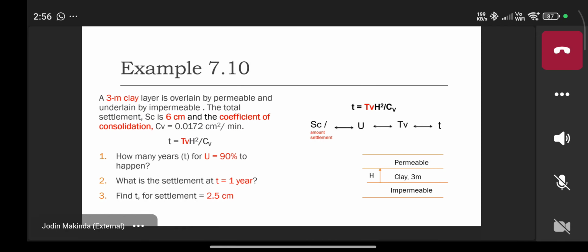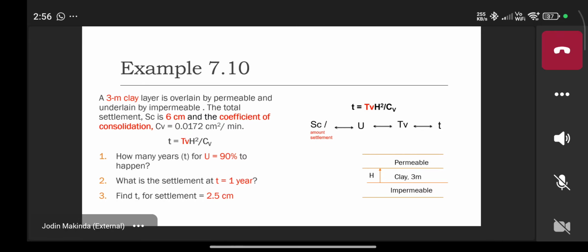Berapa tahun? Question number 1. And question number 2, what is the settlement at t equivalent to 1 year? And question number 3, find t for settlement 2.5 centimeter.